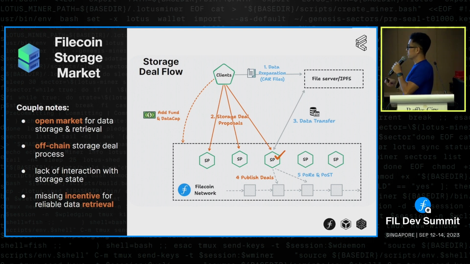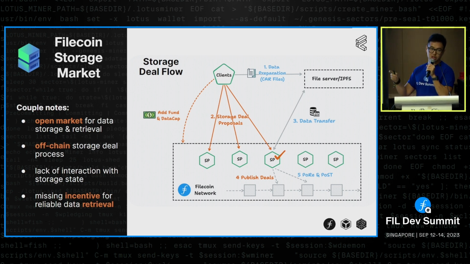And then a lot of this process actually happens off chain, right? There are a couple of things in there, and we need to think about whether we can fix them with FVM. For example, if we want to build a truly decentralized platform, what can we move on chain with FVM? Currently, there are storage data states on chain. How can we interact with them? How do we make sure that all the storage deals are healthy?